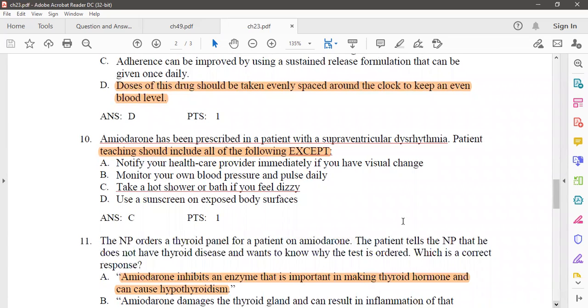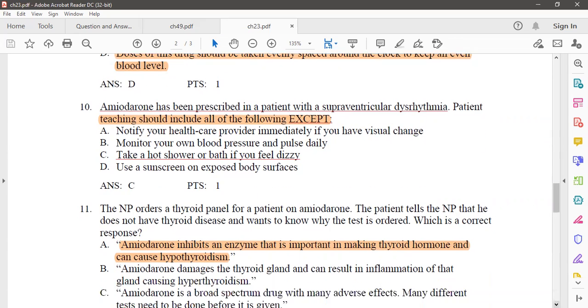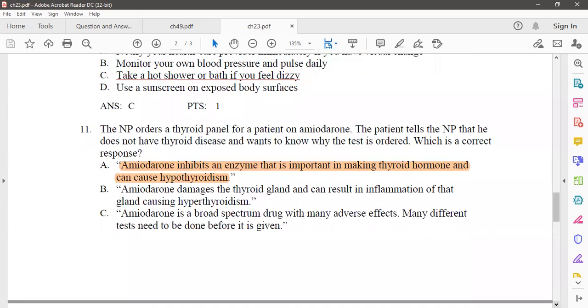Amiodarone has been prescribed for a patient with supraventricular dysrhythmia. The patient teaching should include all except: take a hot shower or bath if you feel dizzy when you take amiodarone for supraventricular dysrhythmia. The NP orders a thyroid panel for a patient on amiodarone.